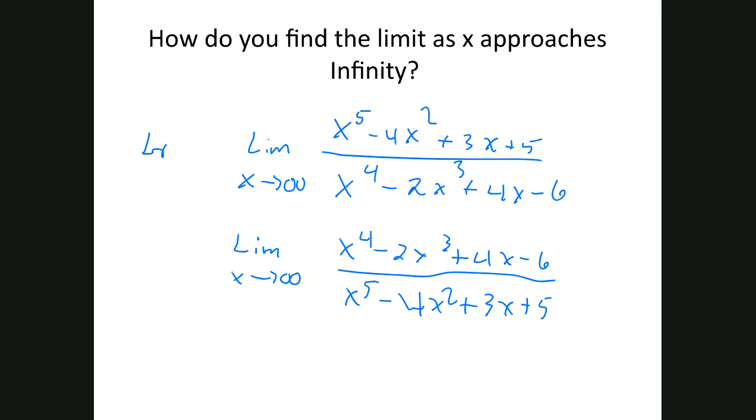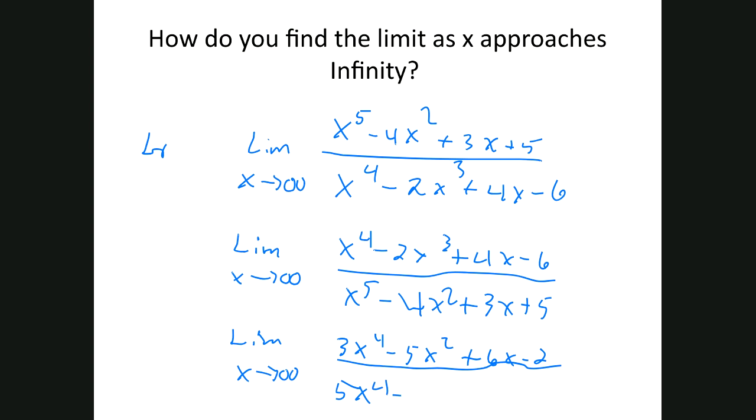The limit as x approaches infinity of 3x to the fourth minus 5x squared plus 6x minus 2 all over 5x to the fourth minus 3x plus 2. Those are the only three types of limit going to infinity that you could have, okay?